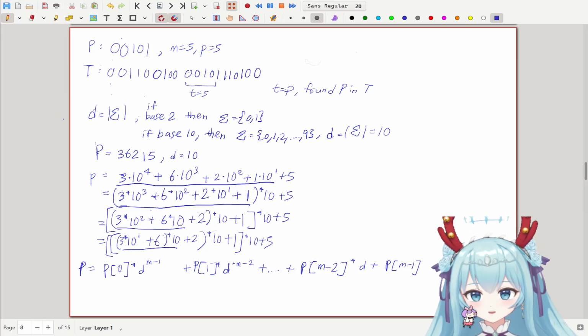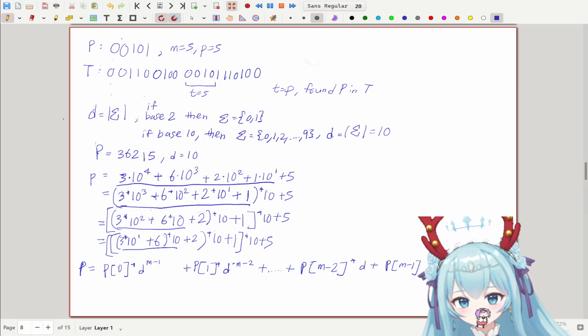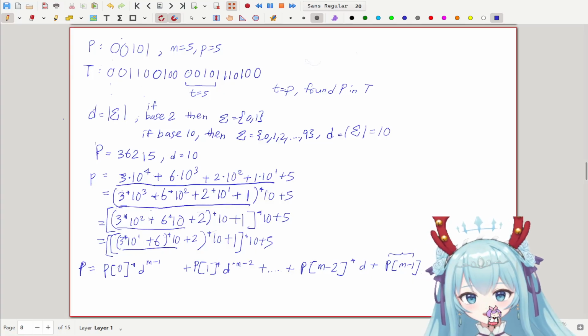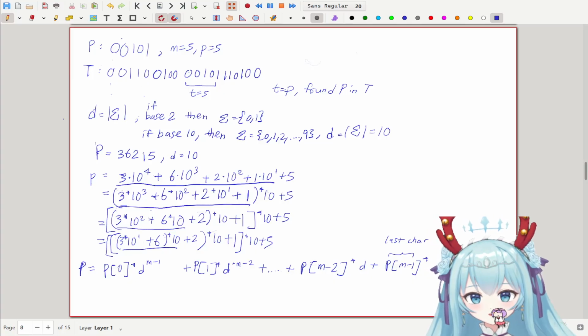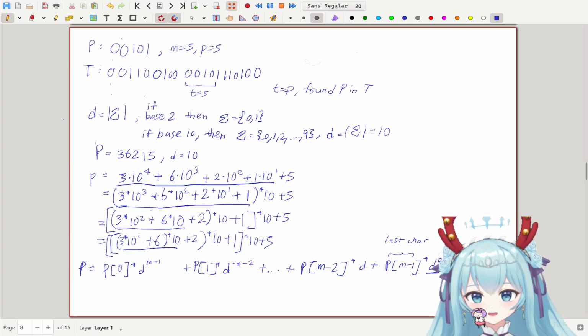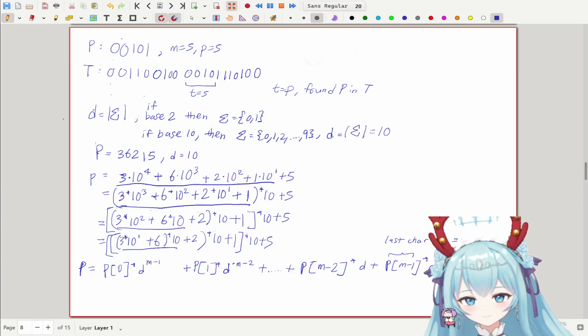So this is the last character, G times d to the power of 0, and this is basically equal to 1.